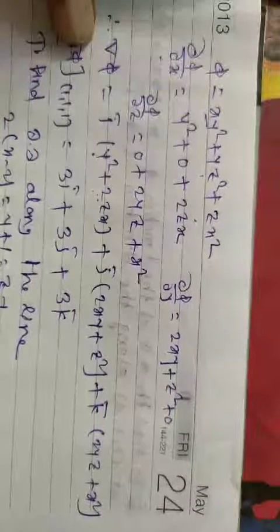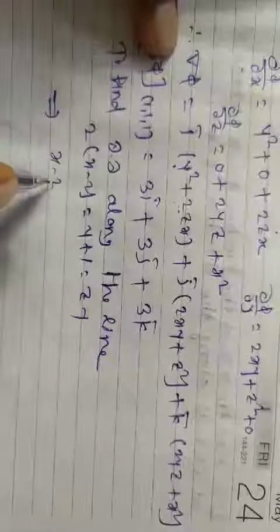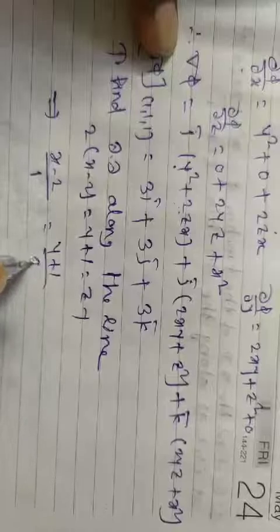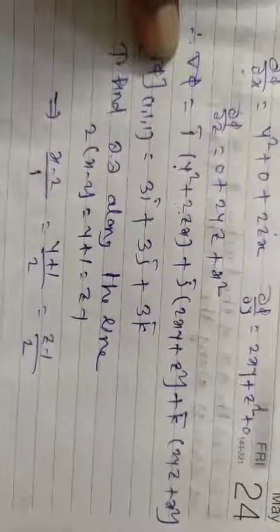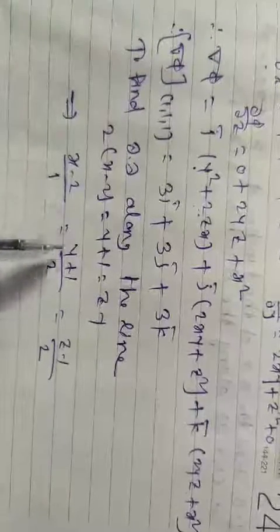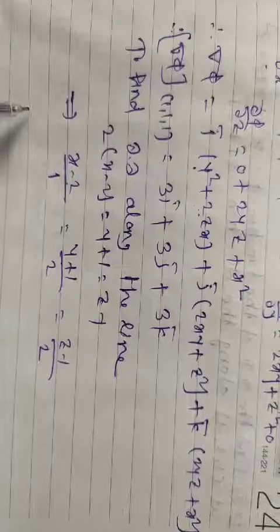If we divide throughout by 2, we get (x minus 2)/1 equal to (y plus 1)/2 equal to (z minus 1)/2. So this is the equation of a line passing through point (2,-1,1) having direction ratios 1, 2, 2.